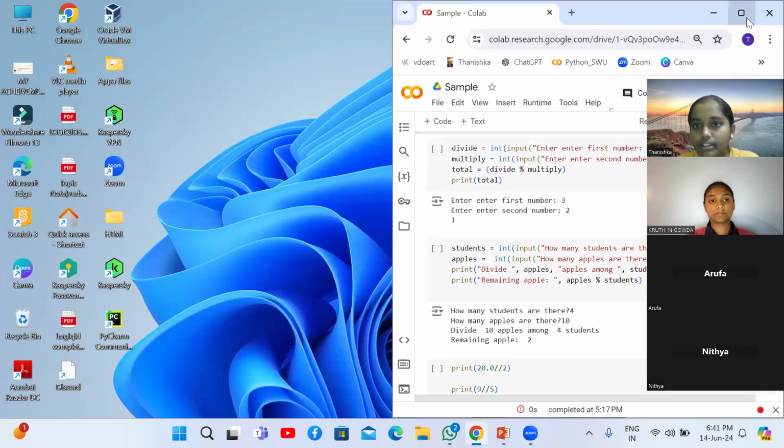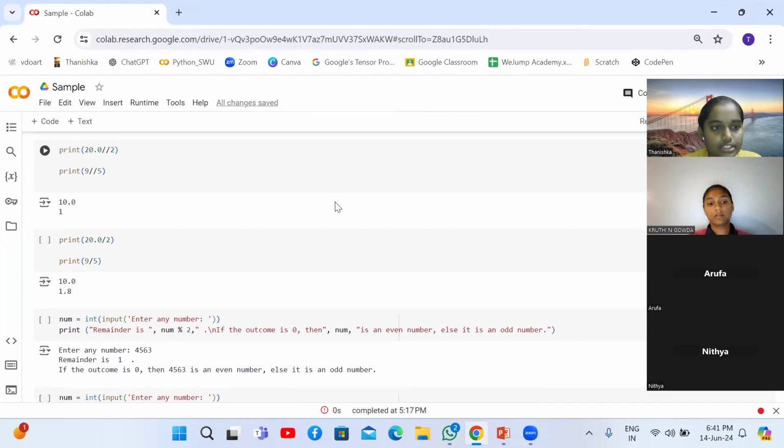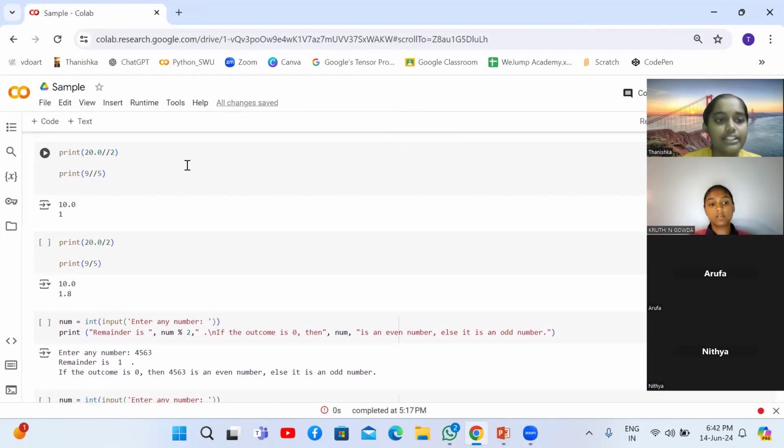And then here, I've sent the picture in the group. I think you guys have seen. So this is the floor division, and this one is the float division. Here, if you use a point, you will get the output with the decimal point itself. But here you didn't use any point.